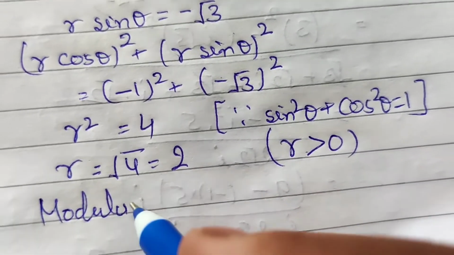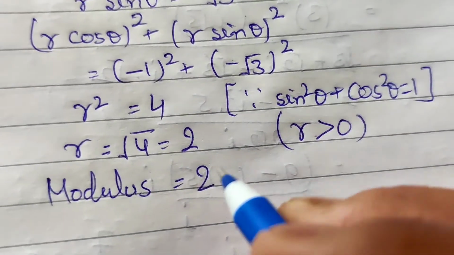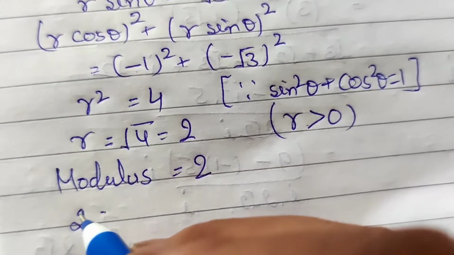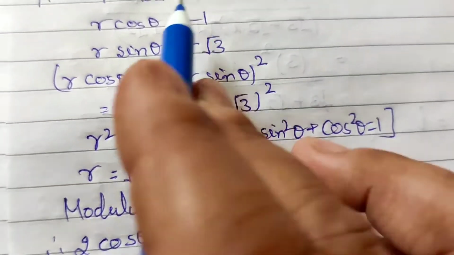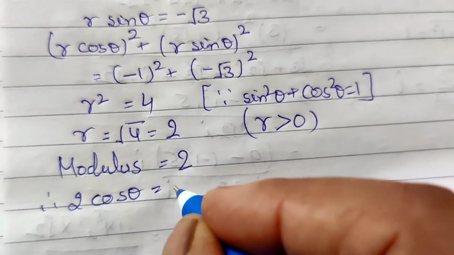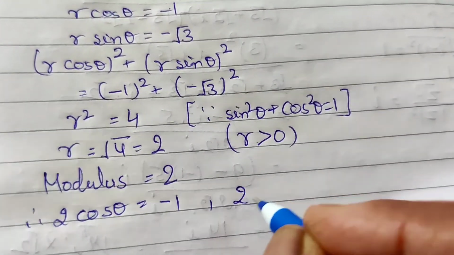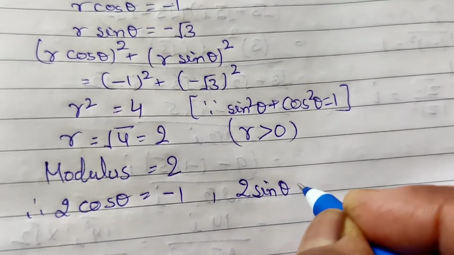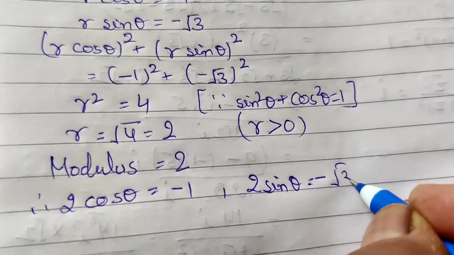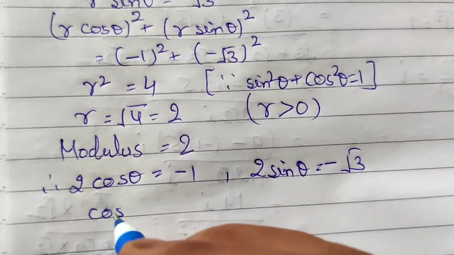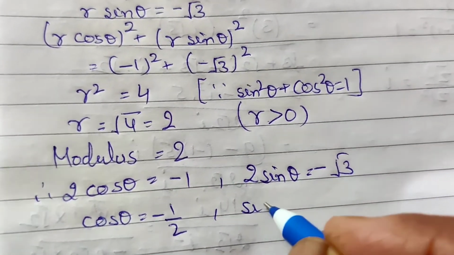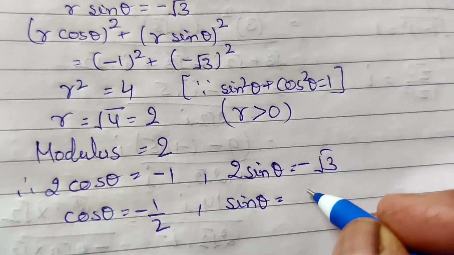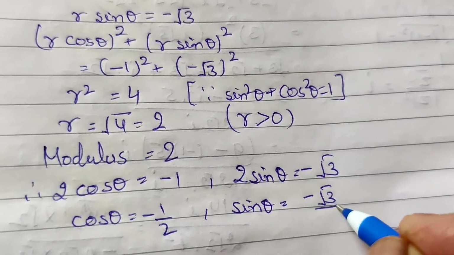Modulus equal to 2. Therefore 2 cos theta equal to -1 and 2 sin theta equal to -√3. Cos theta equal to -1/2 and sin theta equal to -√3 by 2.